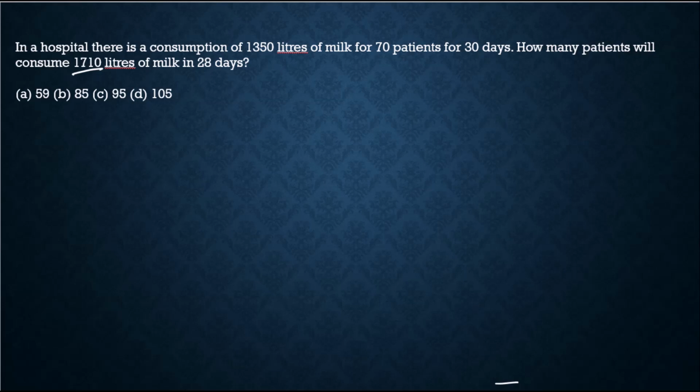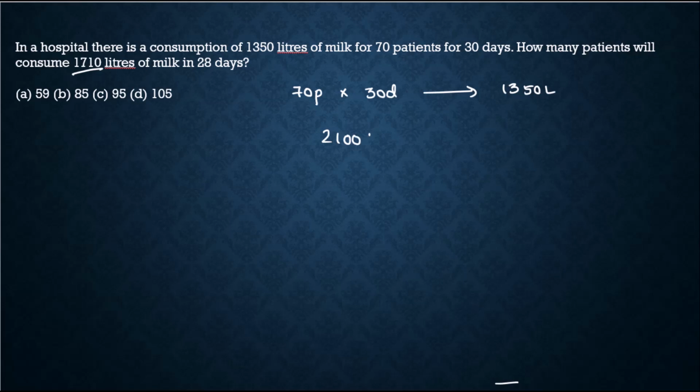This is another aspect. When you're seeing this particular question, there might be a doubt in your mind that how we can do this particular question with respect to chain rule. In a hospital, there is consumption of 1,350 liters of milk for 70 patients for 30 days. That means 70 patients consume for 30 days 1,350 liters of milk.